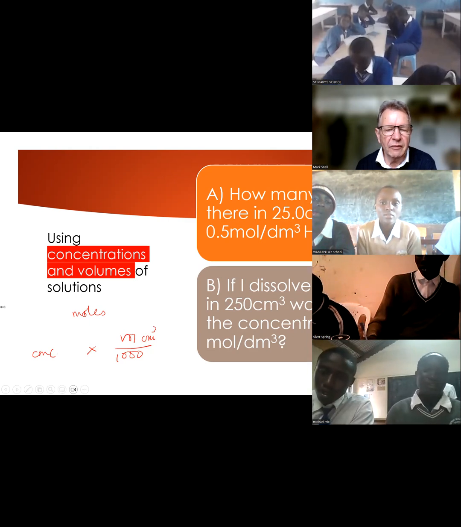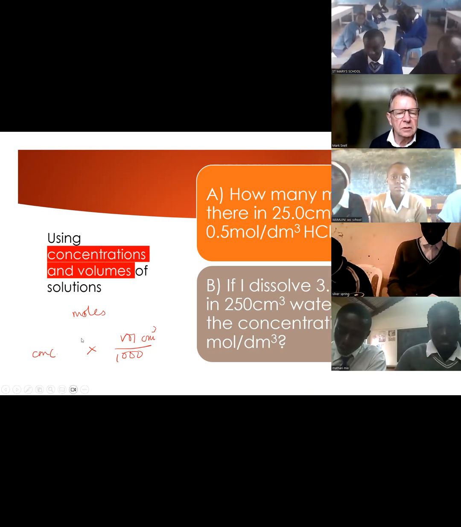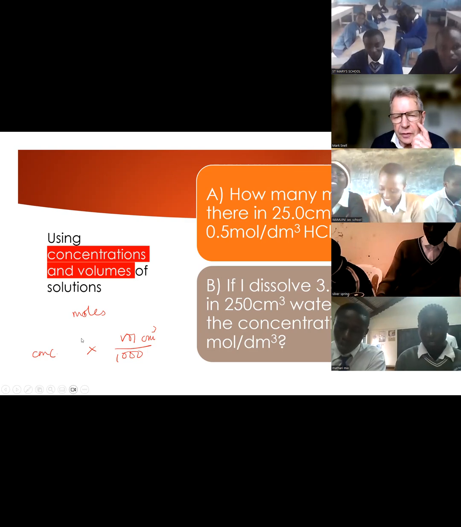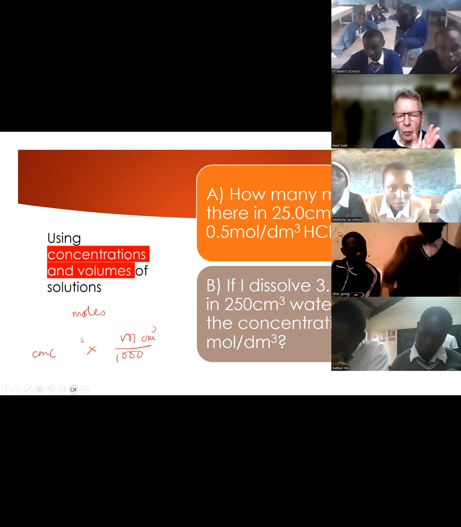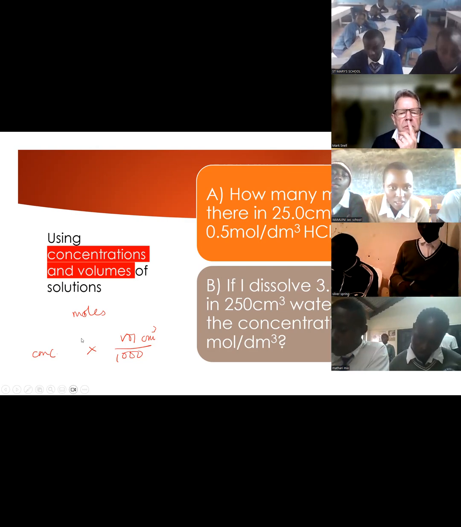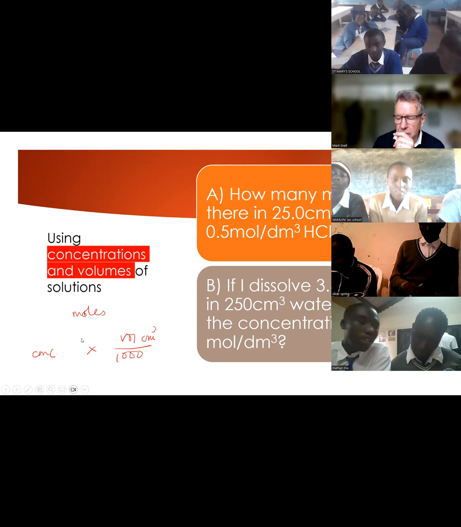I should think many of you have the answers by now. In the second one, you have to work out the amount of moles to start with using the first triangle, not the second one.